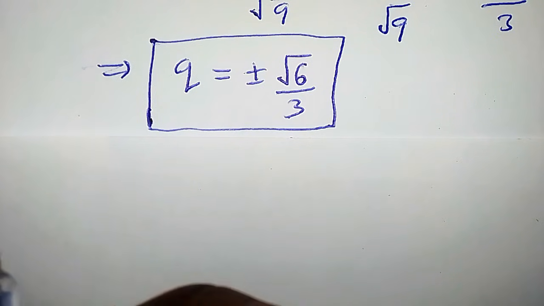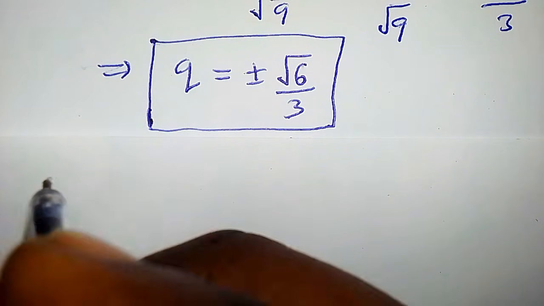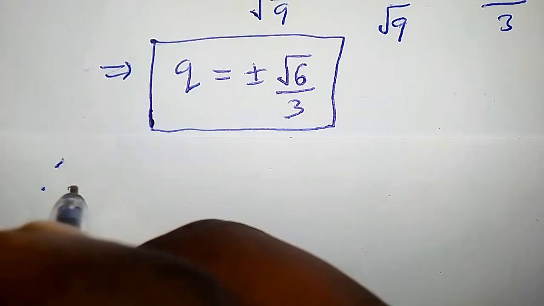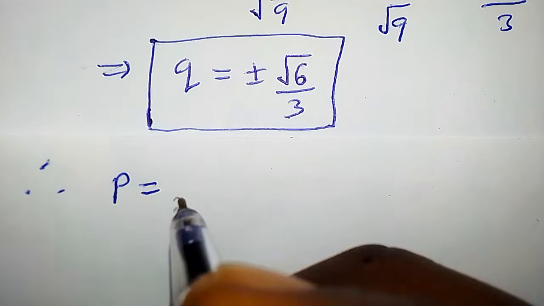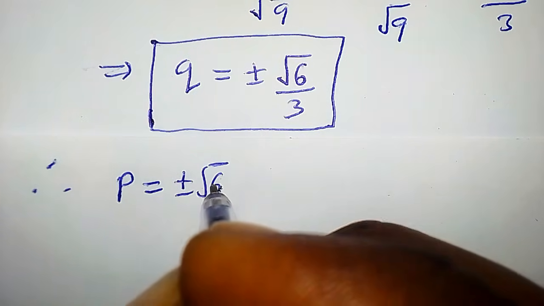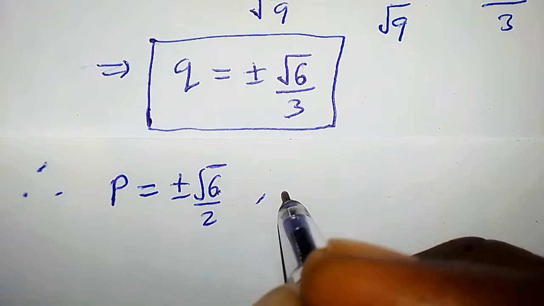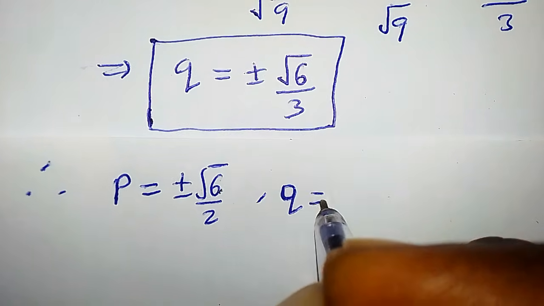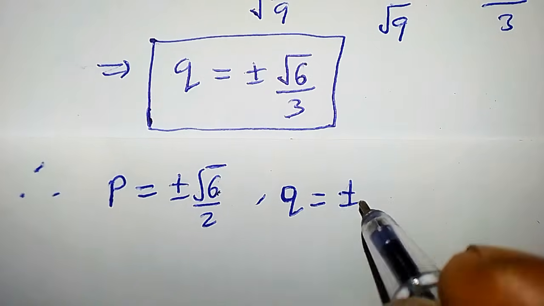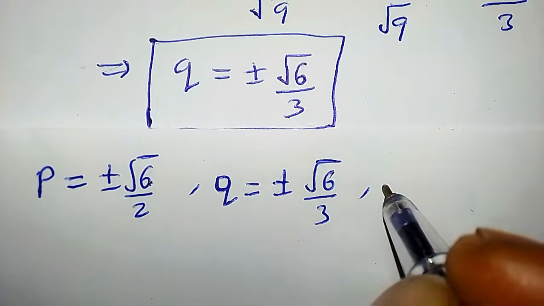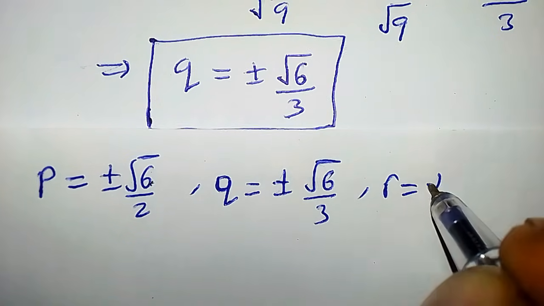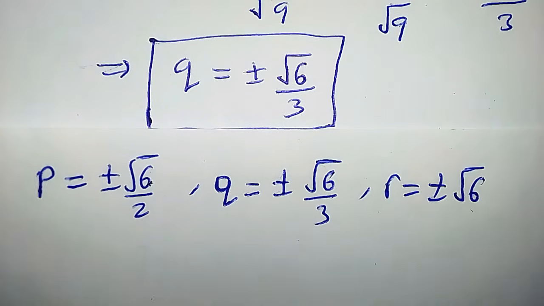Don't forget, we have to find the value of P plus Q plus R. So therefore, the first answer we obtain, P equals plus or minus square root of 6 over 2. And we also obtain that Q equals plus or minus square root of 6 over 3. And the value of R is plus or minus square root of 6.